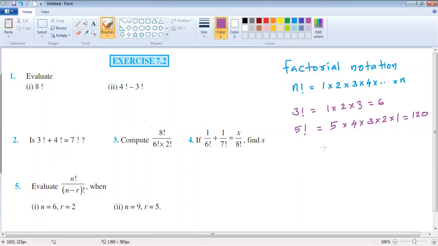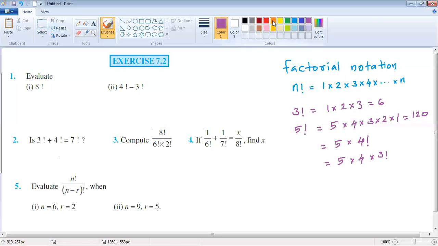You can see that this can be written as 5 into 4 factorial, because 4 factorial is 4 into 3 into 2 into 1. कभी कभी हम ऐसे भी लिखते हैं 5 into 4 into बाकी 3 into 2 into 1, you can write it as 3 factorial.